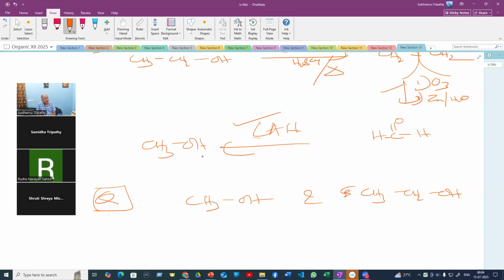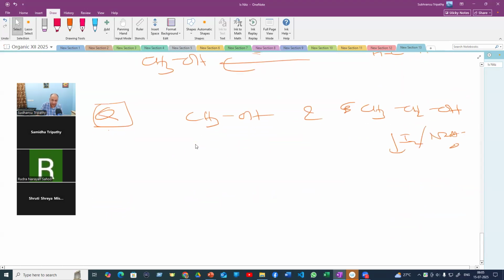Sir, the iodoform test. Yeah, precisely. Of course, we have not done the haloform reaction mechanism. But if you treat with iodine, NaOH and heat, this will give you a yellow precipitate. This part will be broken down to CHI3, and this part will be sodium formate.